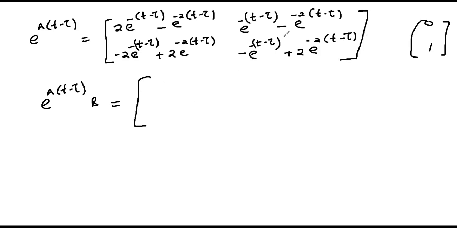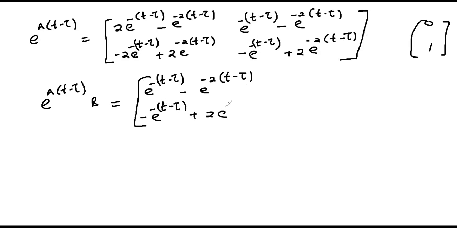Therefore, we end up with the terms of this matrix here, which will be exponential minus t minus tau minus exponential negative 2 into t minus tau, then minus exponential minus t minus tau plus 2 exponential minus 2 into t minus tau.